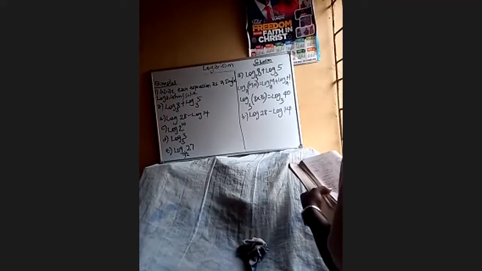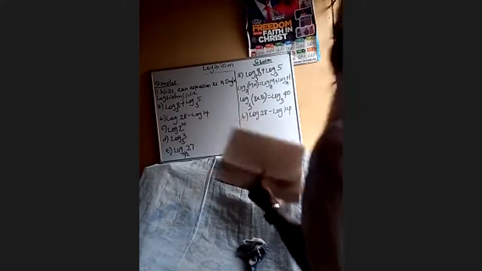So now, applying the quotient rule to this, we said logarithm of m over n base a is equal to logarithm of m base a minus logarithm of n base a.